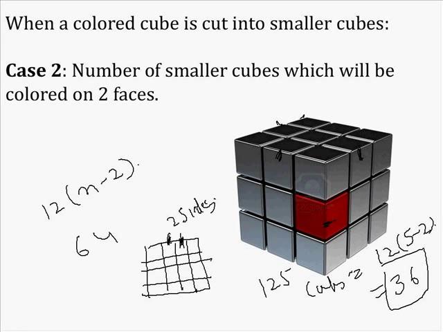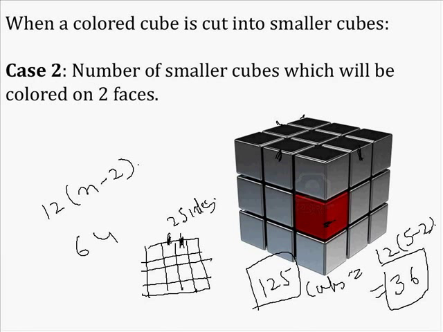And the number of edges is 12. So the total becomes 12 into n minus 2. Now 125 is saying that if a cube is cut into 125 pieces, okay? Kundan, this is applicable to a cube colored on all sides. I'm only talking about right now colored faces. I'm not talking about colored by what. Okay? Aditya Mishra, the number of cuts required will be 4 from each side if 125 has to be there.